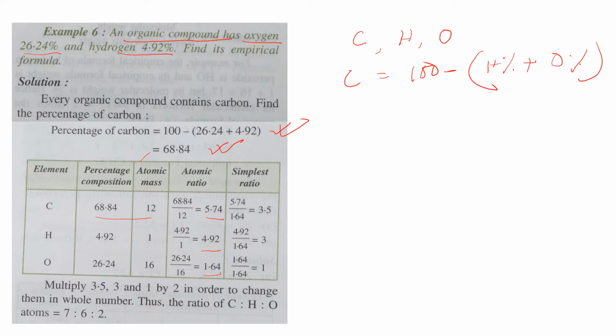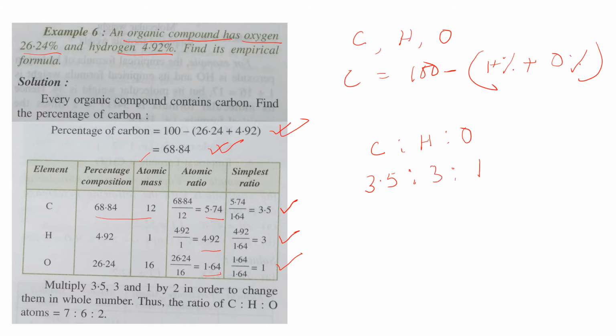Now out of these numbers 1.64 is the smallest one, so I have to divide all the numbers by 1.64. After dividing I am getting 3.5 for carbon, for hydrogen it is 3 and for oxygen it is 1. So actually the ratio of carbon, hydrogen and oxygen, I am getting 3.5 is to 3 is to 1.